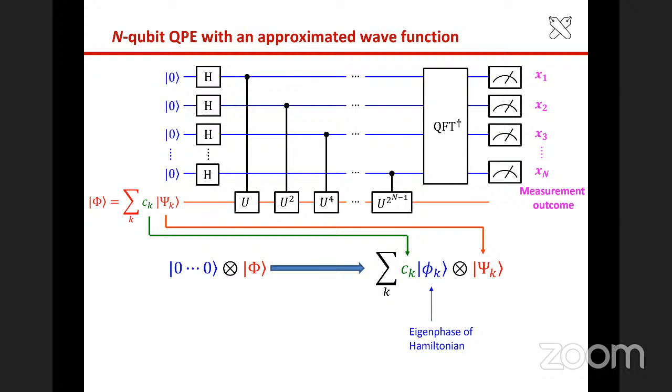So it means that if we measure the ancilla qubits, we can obtain one eigenphase of the Hamiltonian, and the state is projected onto the corresponding eigenfunction. But the probability to obtain one particular eigenstate is proportional to the coefficient C_k, actually the square of the coefficient C_k.